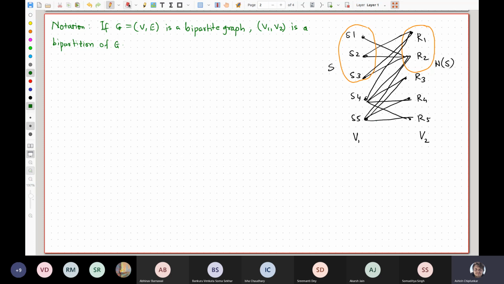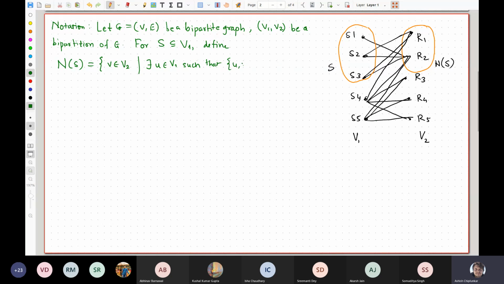Let G be a bipartite graph and let V1, V2 be a bipartition of G. So for a subset S, which is a subset of V1, define N of S, the so-called neighborhood of S. N of S is the set of all v in V2 for which there exists some u in V1 such that uv is an edge.